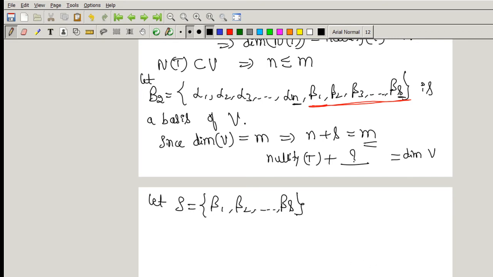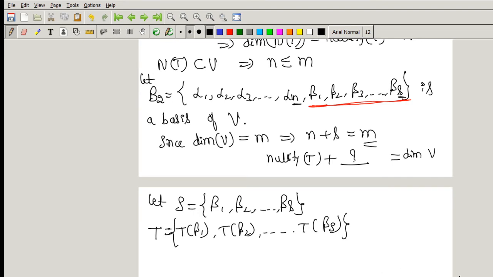Since these are the basis elements in the domain space, their images look like T of beta 1, T of beta 2, and so on up to T of beta s. Call this set T. Okay, T is equal to T of beta 1, T of beta 2, and so on.